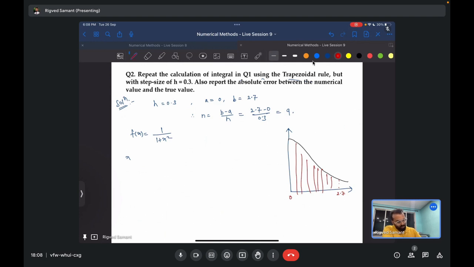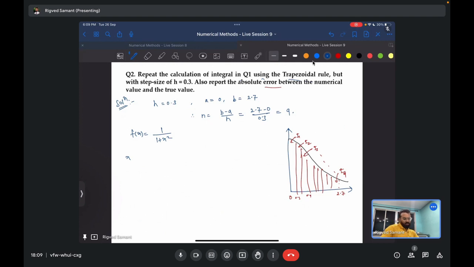The value of each interval is the same h, that is 0.3. So this is 0.3, then 0.6, then 0.9, and so on till 2.7. Apply I1, I2, I3, so apply it 9 times, add them up to get the final value, and then calculate the error. That's what the question is.